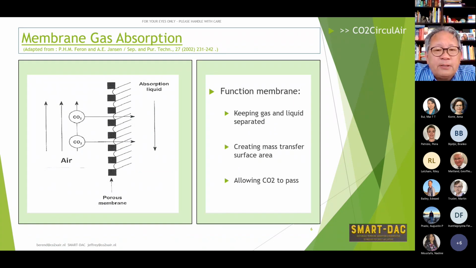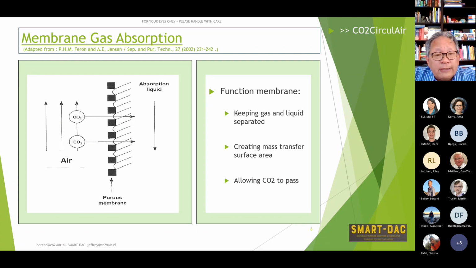Now I know the name. The membrane is not used as a filter; it's used as a contactor. You see here a porous membrane, with a liquid absorbent on the right side. The absorbent has a very high affinity to the CO2 and reacts to a carbonate and later on a bicarbonate.